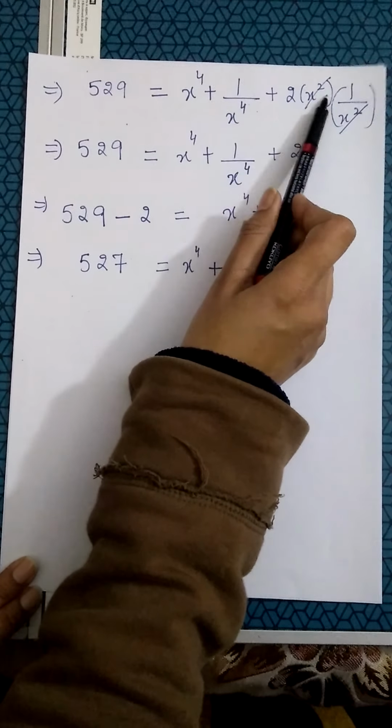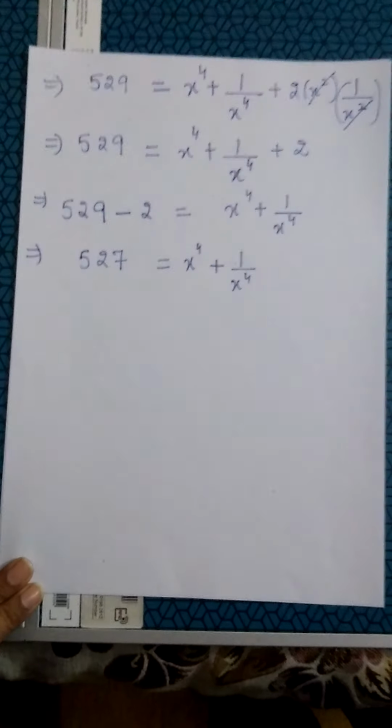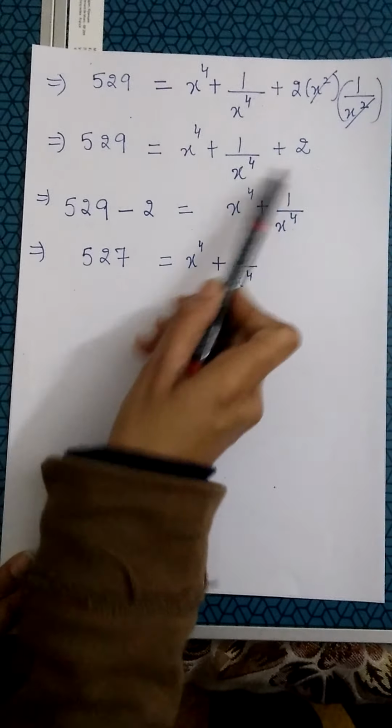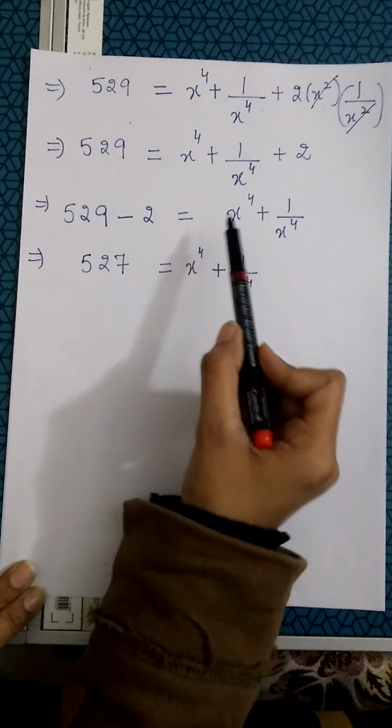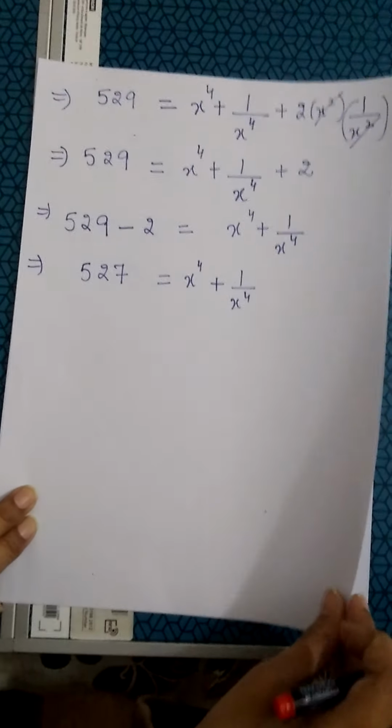Again, these terms are multiplied, they can be cancelled out. We are left with plus 2 here. So 529 minus 2 will be equal to x raised to power 4 plus 1 over x raised to power 4.